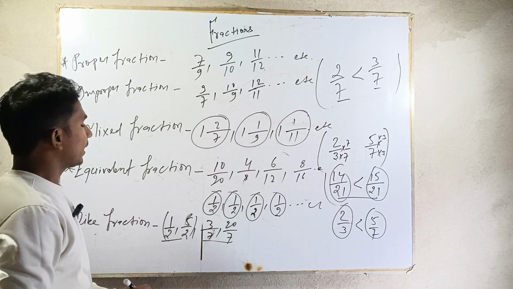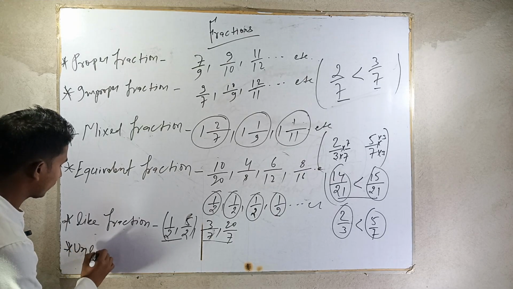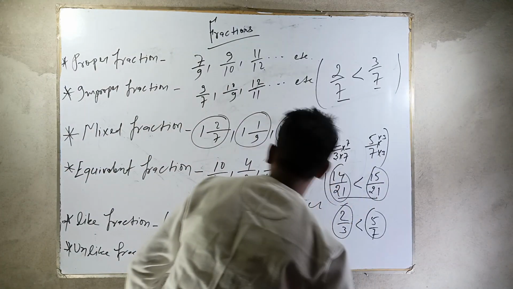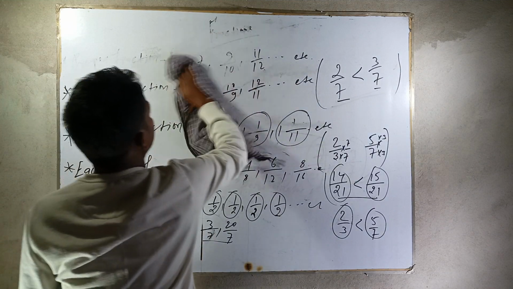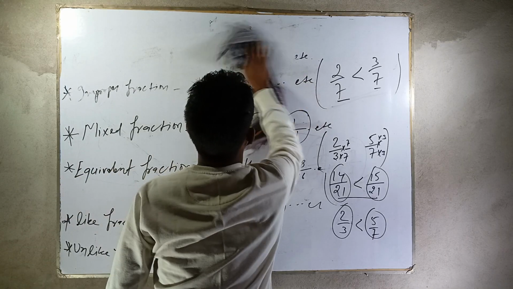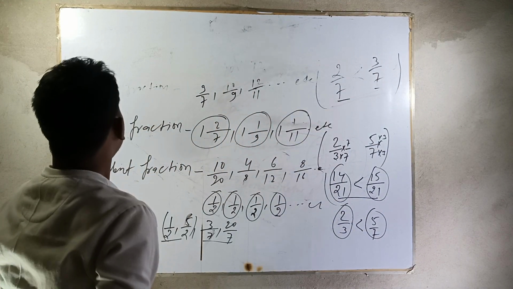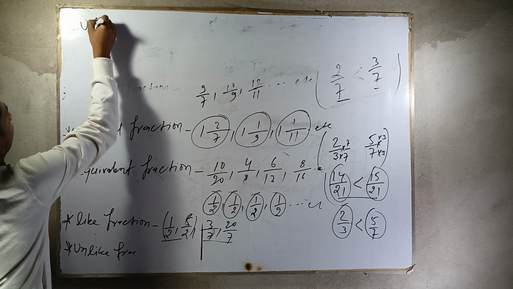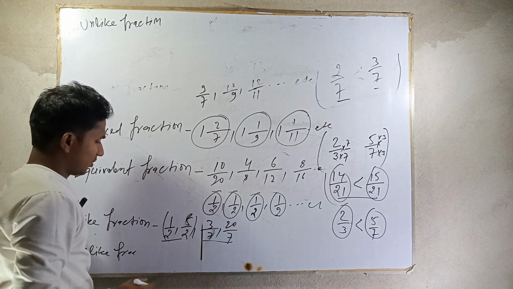So these are like fractions and unlike fractions. Unlike fractions are those whose denominators are not the same.